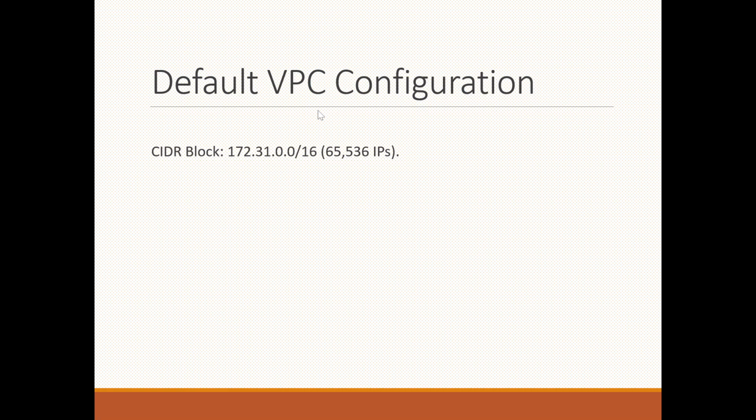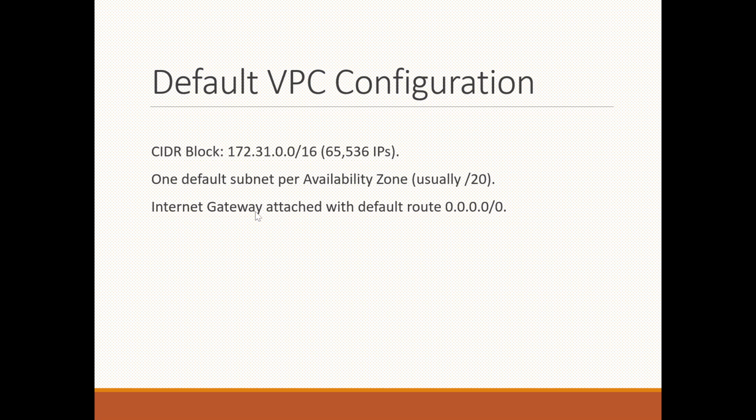For the default VPC configuration, the CIDR block is 172.31.0.0/16. Its total is 65,536 IPs, with one default subnet per availability zone. An internet gateway is attached with the default route. We'll see what an internet gateway is. Next, the default security group allows all outbound traffic.